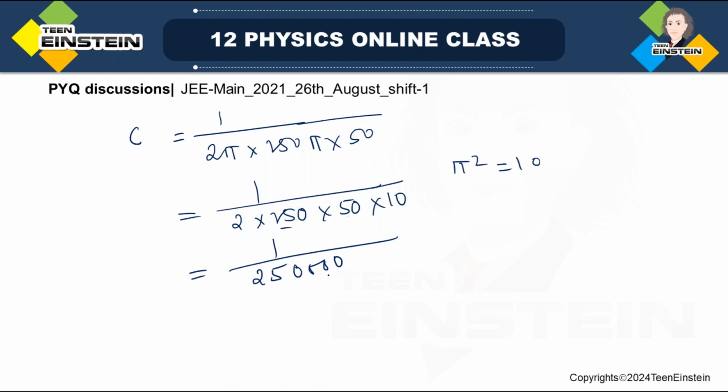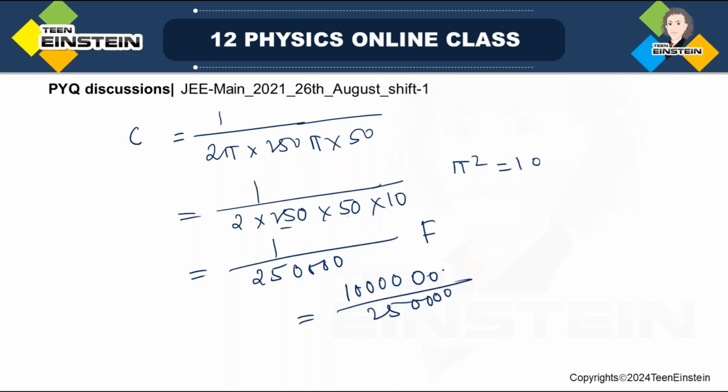Okay, so I'll get this much. Okay, this is in farad. So if you want to have microfarad, then you multiply 10 to the power 6 here. So divided by, there are 4, right? There are 4.